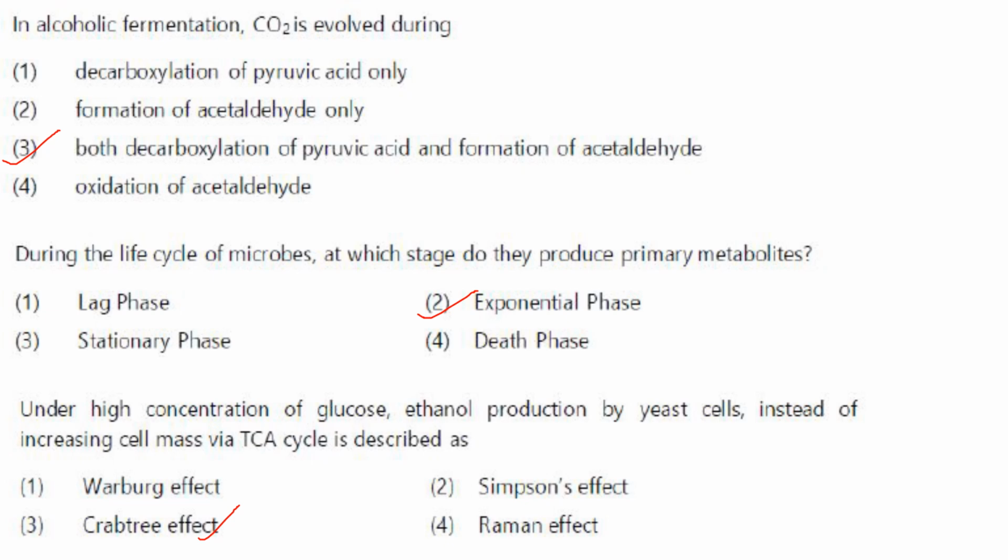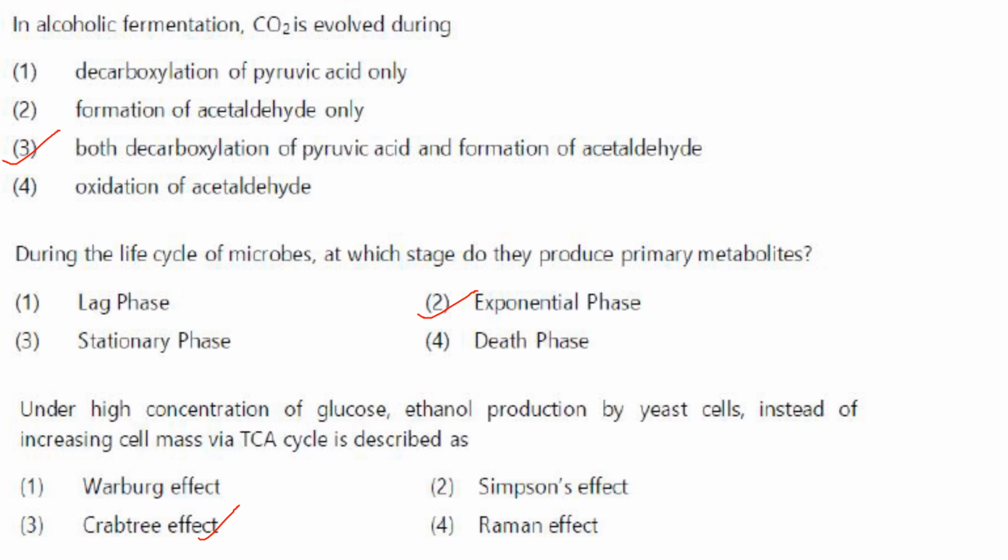Pyruvic acid is a 3-carbon molecule and it is converted to acetaldehyde by losing one carbon dioxide molecule via decarboxylation. So the answer here is both decarboxylation of pyruvic acid and formation of acetaldehyde. Answer is option 3.